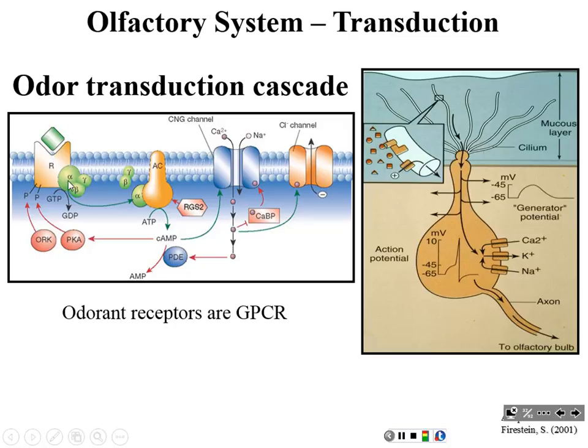A G protein is activated, secondary messengers are activated, and cyclic nucleotide-gated channels open, calcium enters, potassium exits the cell, and if the stimulus is enough, an action potential is triggered. Okay, and it travels through the axon into the olfactory bulb. Remember, olfactory sensory neurons and gustatory cells are the only two sensory cells that we talked about that can have action potentials.